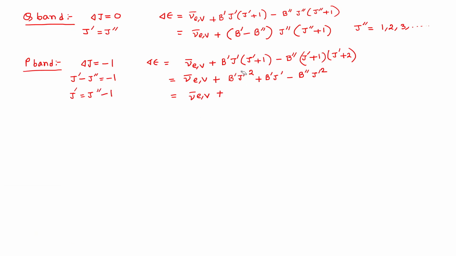So what I'm trying to do is simplify my equation a bit. So J dash is here J double dash minus 1, and J dash minus 1 is J dash.